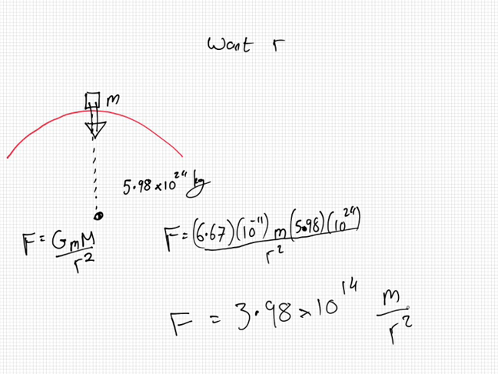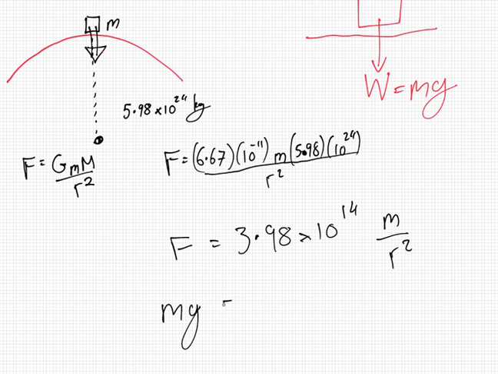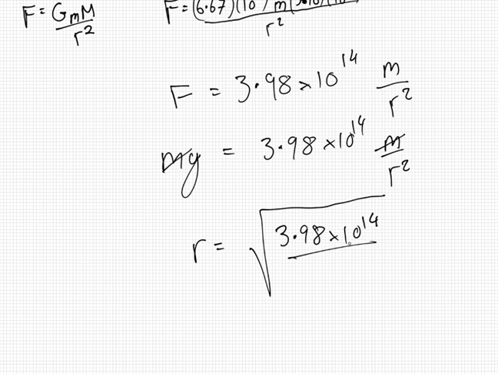Great. But somebody said a moment ago that this here is also the weight. And what is the formula for weight when you're on the surface of the Earth? mg. So you now have this result: mg equals 3.98 times 10 to the 14 m over r squared. Well, what happens to the m's? They cancel. And now you're left with r equals the square root of 3.98 times 10 to the 14 over 9.81.